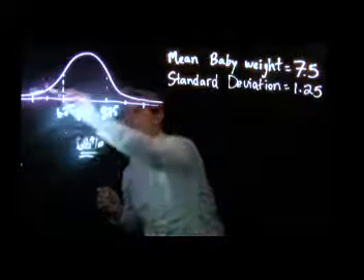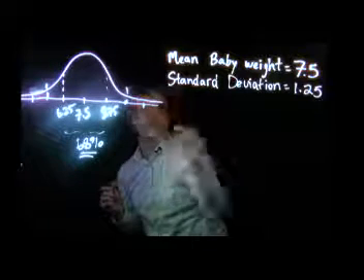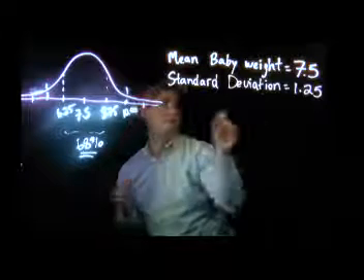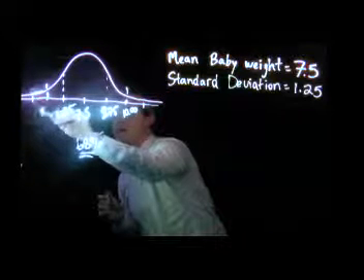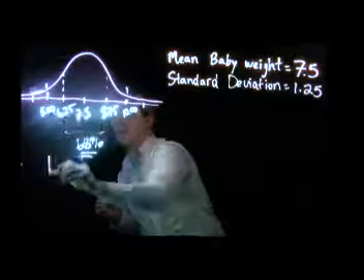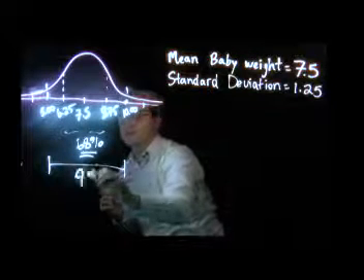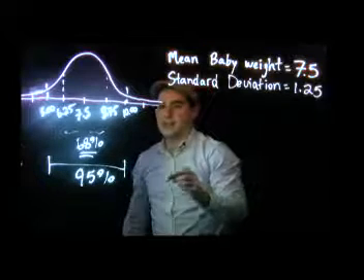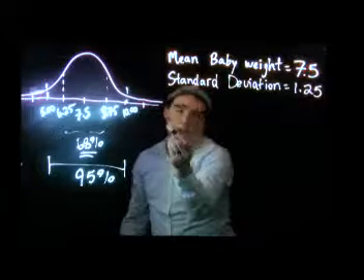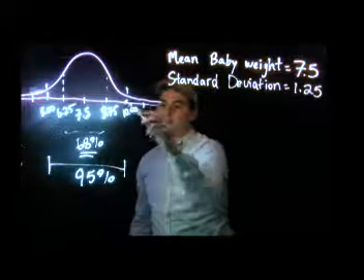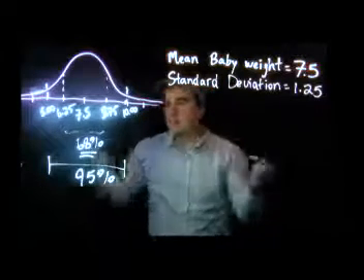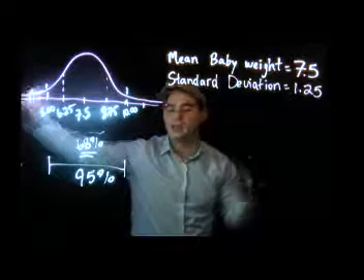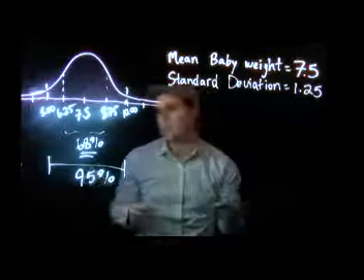The other thing we know is that 95%, if we go one more, so we'll say at 10.00 and at 5.00, 95% of babies are born between those two weights. So if you're born at 10 pounds, that baby has a larger mass than 95% plus another 2.5% of the babies that are born, so 97.5%.